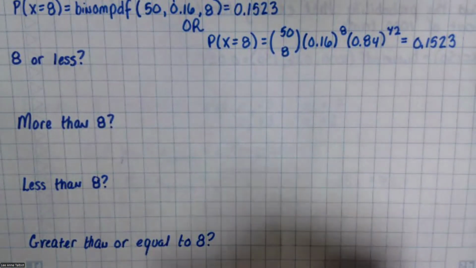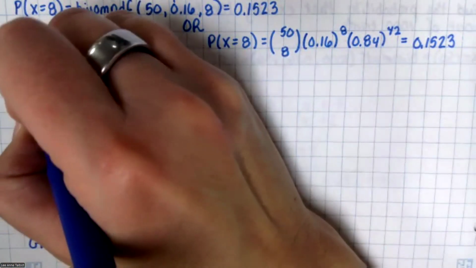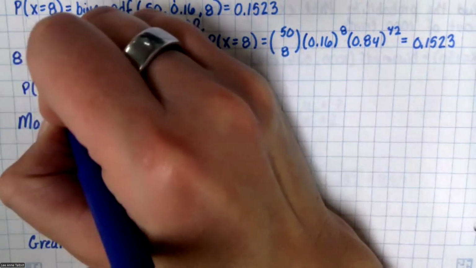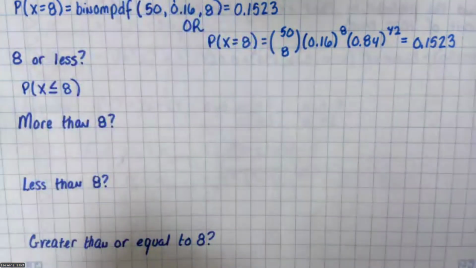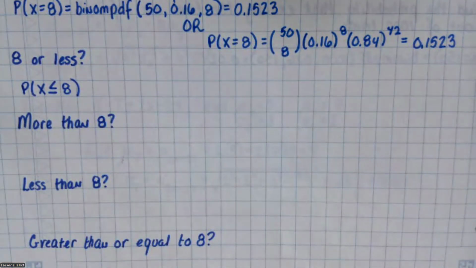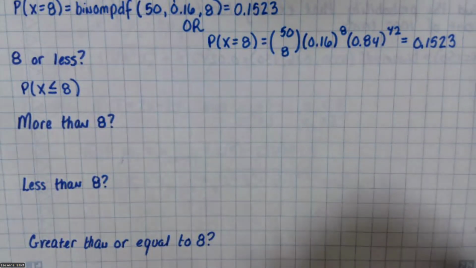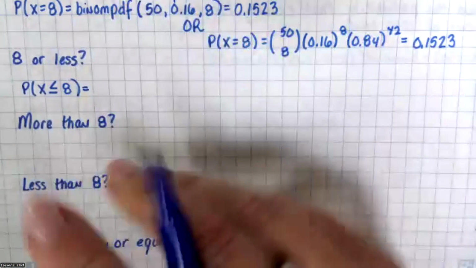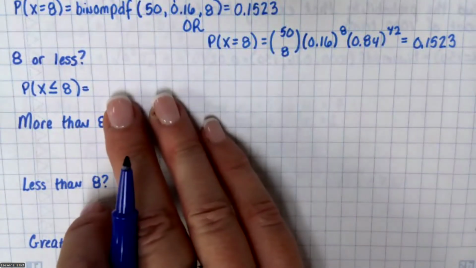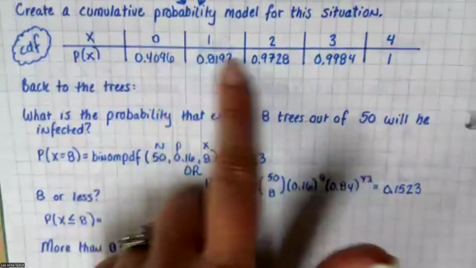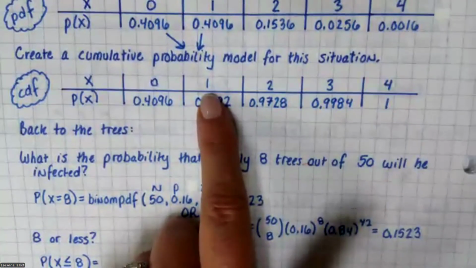Okay. First one. X is less than or equal to 8. This is the less than or equal to crocodile. Your calculator's CDF function is the less than or equal to. That was this right here. These were less than or equal to, right?